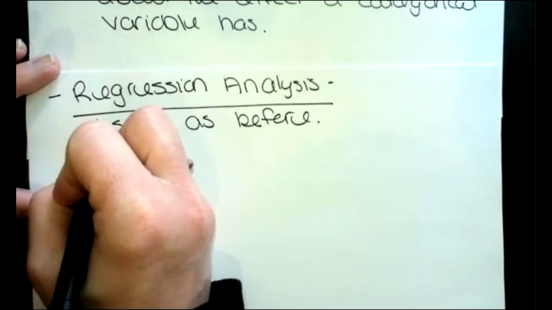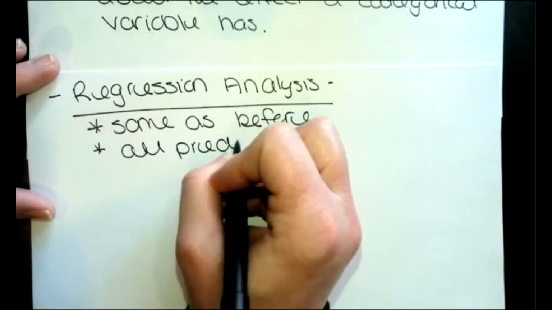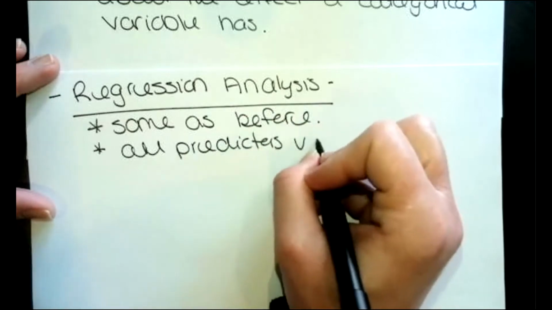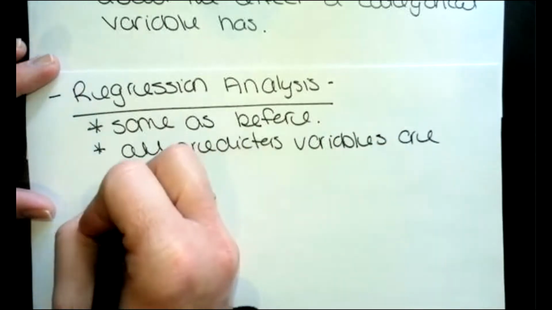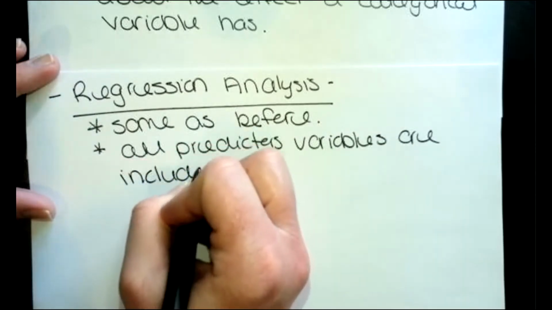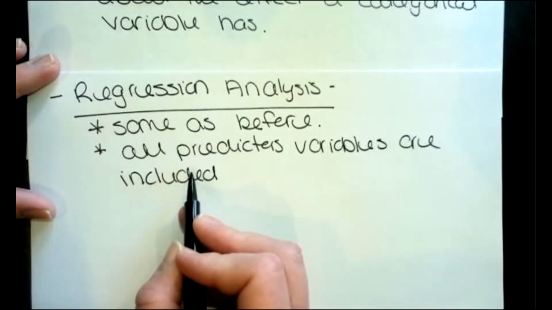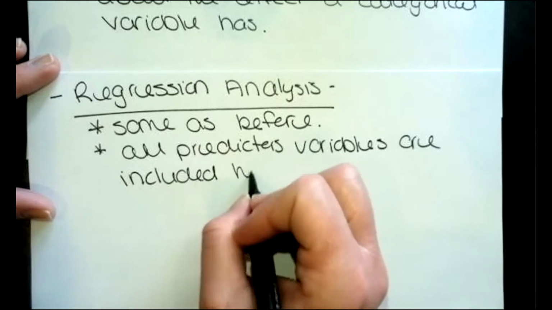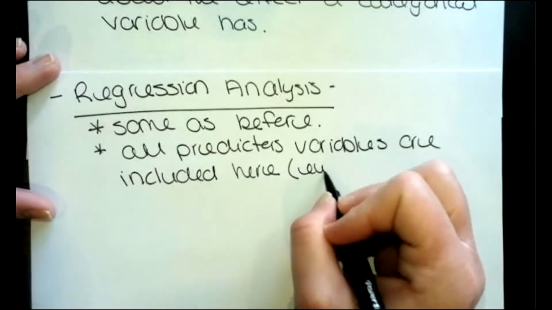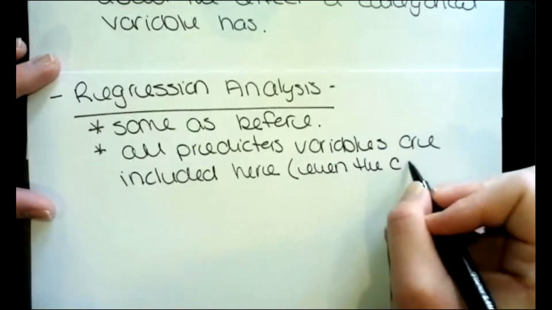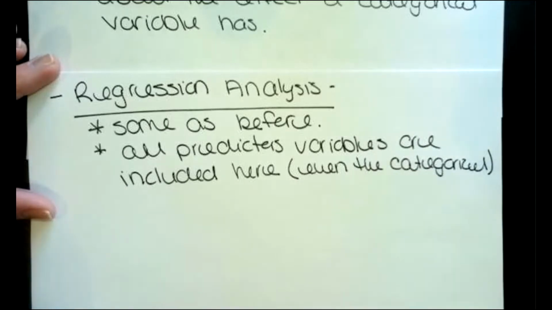So I'm just going to also mention this, that all predictors are included in the model, okay? So when we're building our model, we're going to include all predictor variables here, even the categorical, right?